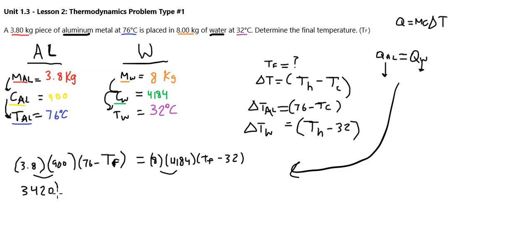And then that is multiplied by 76 minus the final temperature, TF. Then equals, 8 times 4,184 is 33,472.